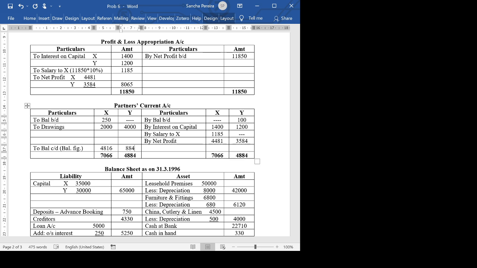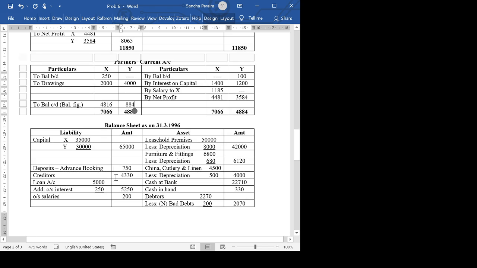Now what has happened, if you see, X started with a debit balance, but now his balance has increased to 4816, which is a credit balance. Similarly, Y had started with only 100, his balance has gone up to 884 with all the payments that he has received.